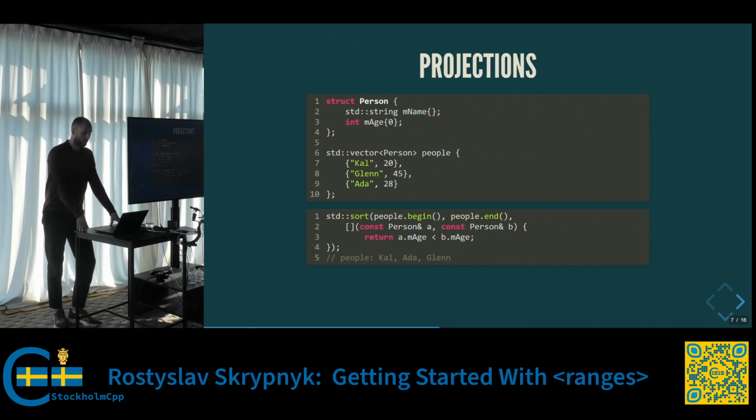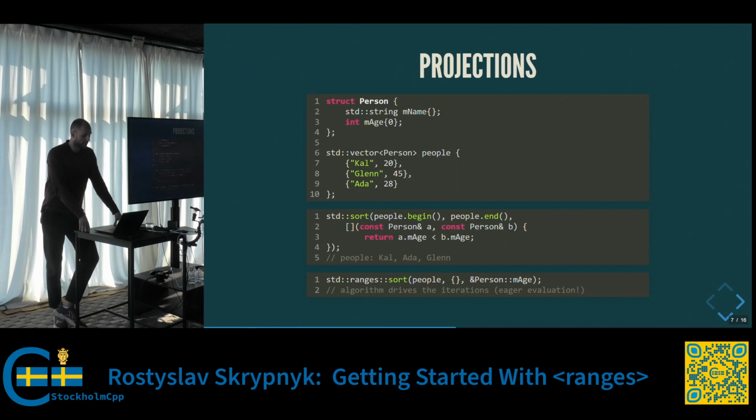You write a lambda, and then you do a comparison that has to evaluate to true or false, right? This is a little bit verbose, isn't it? Just to say, hey, please look at the age of this data type. With ranges, what you can do is to just say, the third parameter is the projection. So you say, when you sort, I want you to just consider this.